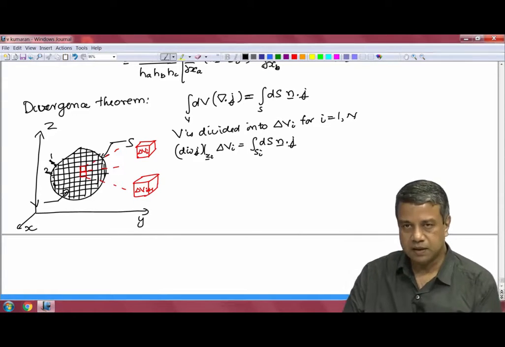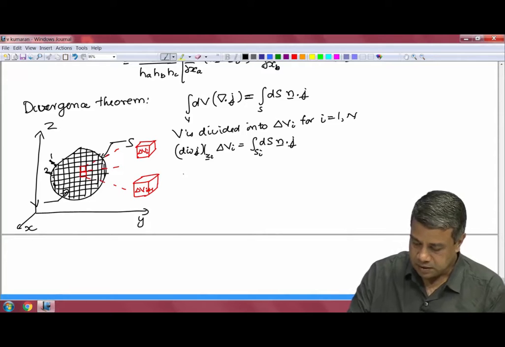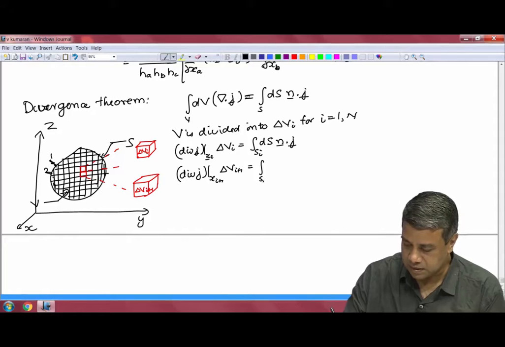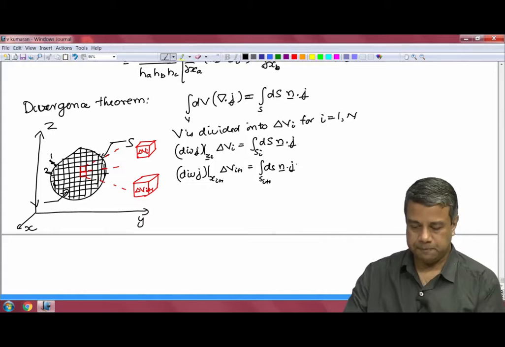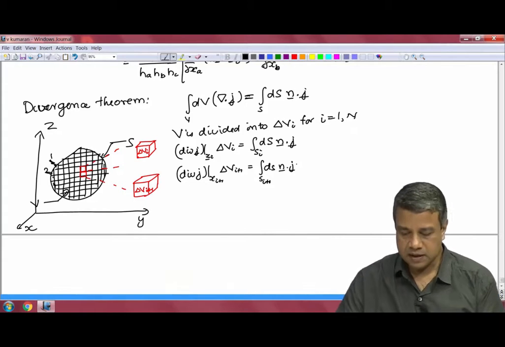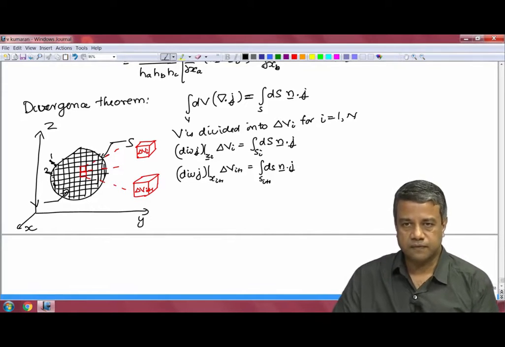Similarly, for the volume i plus 1, I can write the divergence of j at the location x i plus 1 times delta V i plus 1 is equal to the integral over S i plus 1 of ds n dot j. Now, you know that at a fixed location the vector is uniquely specified.